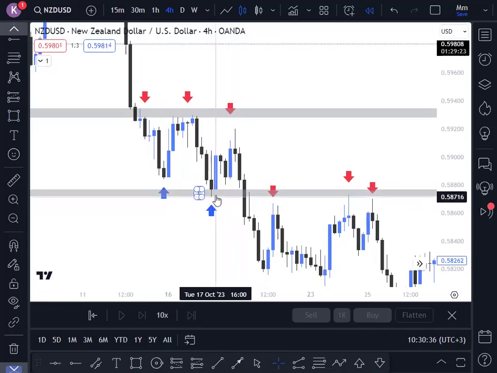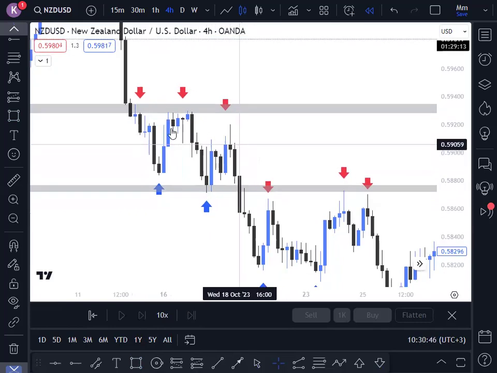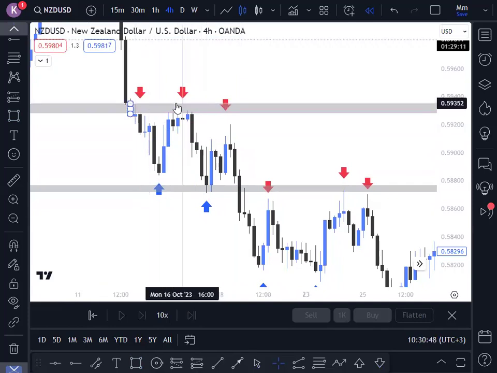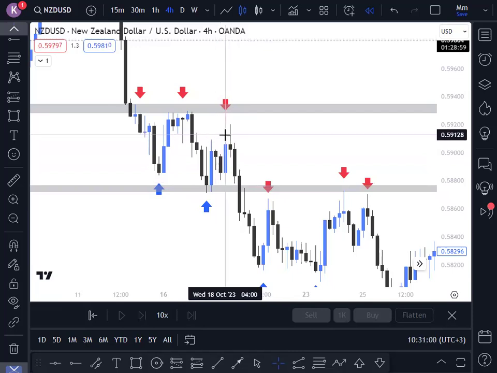The market was here at this support key zone, and then the market pushed to the upside here, came back to make a new lower high. Using market structure, you can see that this is a lower high, lower low, and then the market broke the last lower low here, made a new lower low, and then the market came back to retest, making it become a lower high.